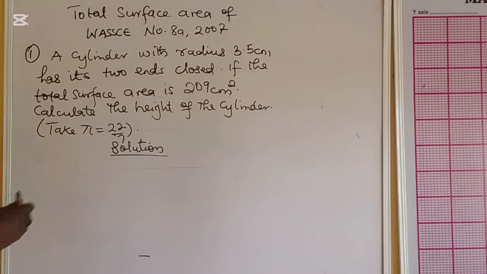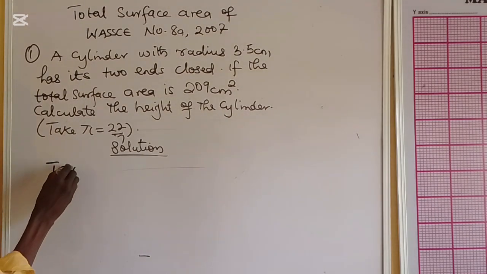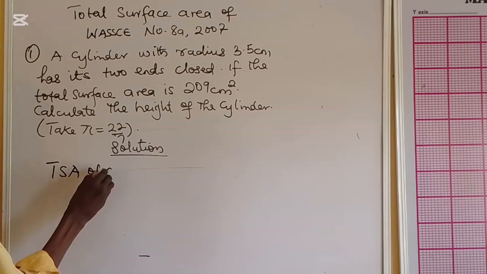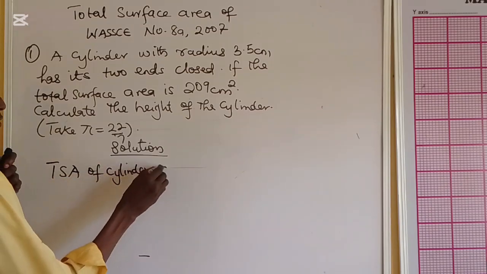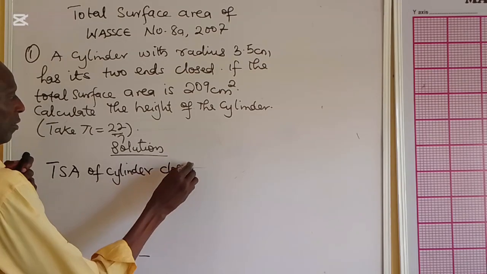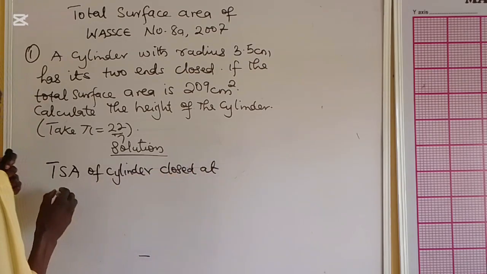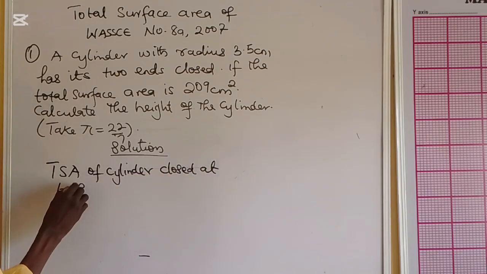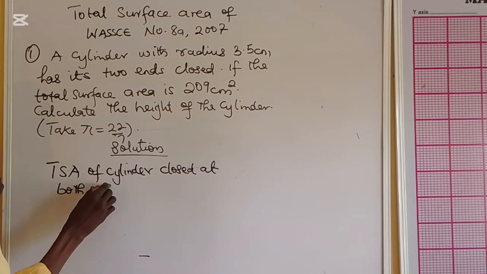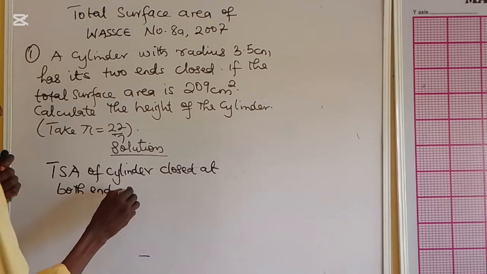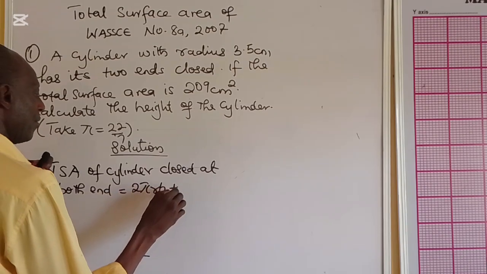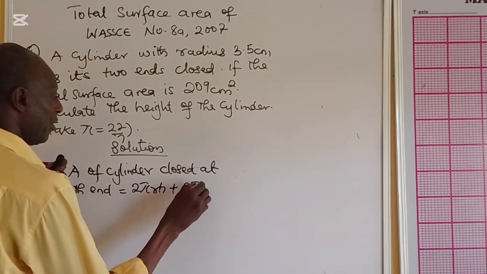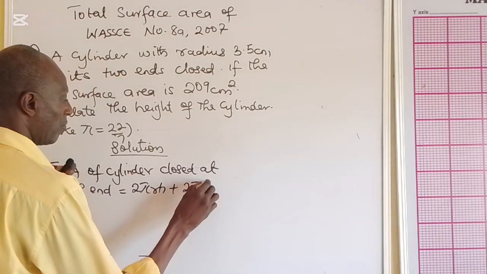So the total surface area of a cylinder closed at both ends is equal to the curved surface area plus 2 area of a circle.